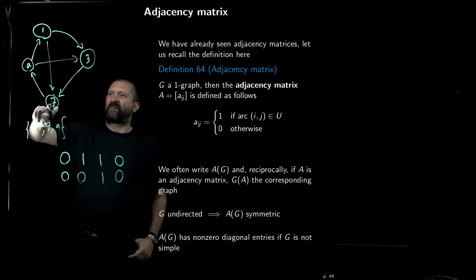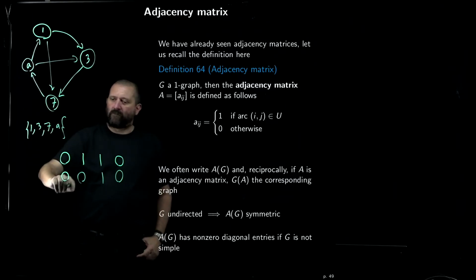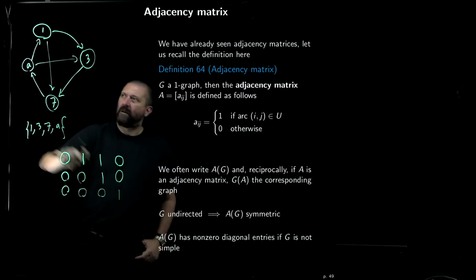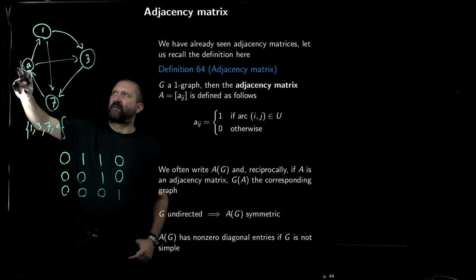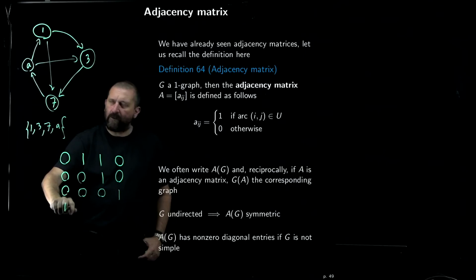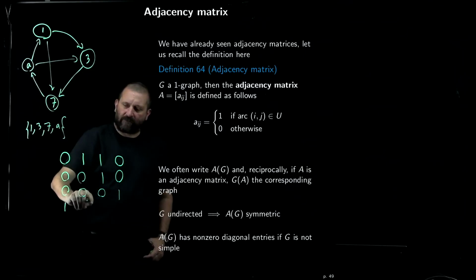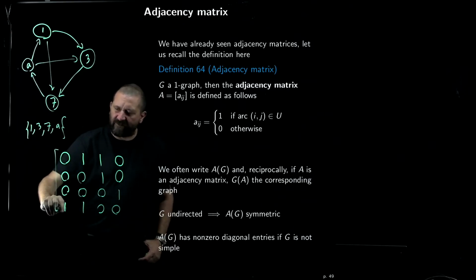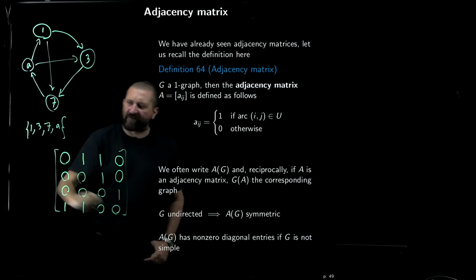From the third vertex, I can only go to the fourth vertex. And from that vertex, I can go either to the first one or to the second one. So that's the adjacency matrix of this graph.